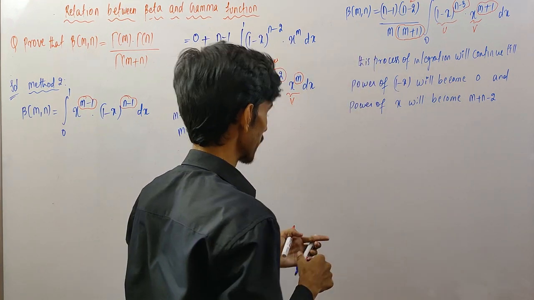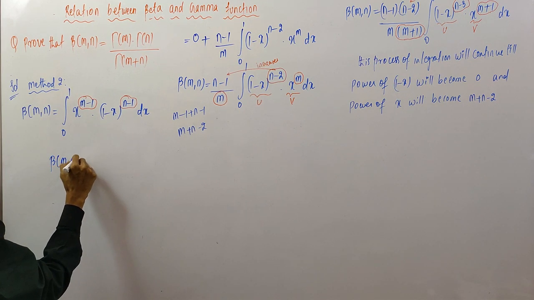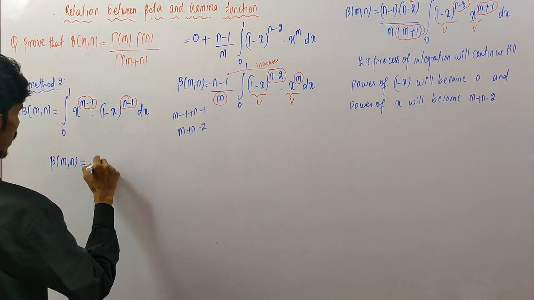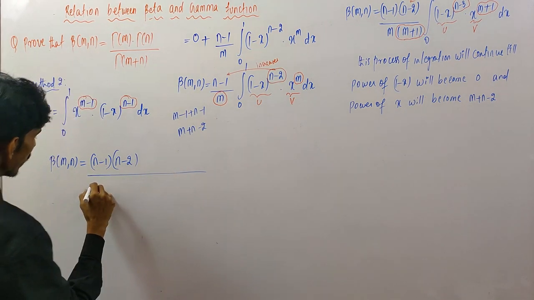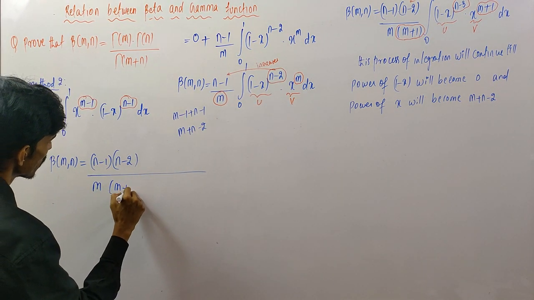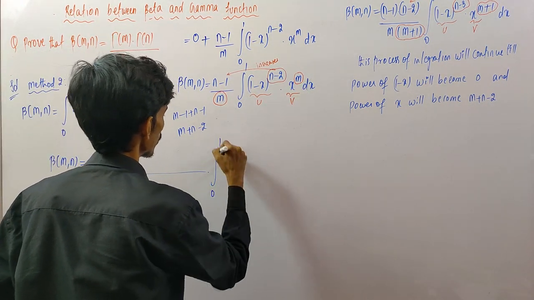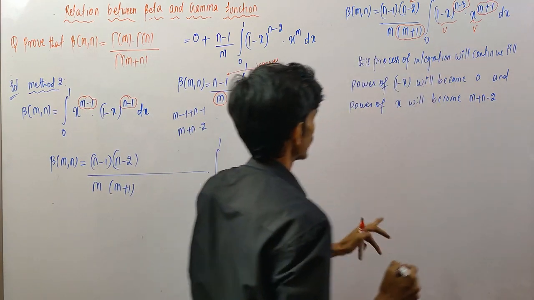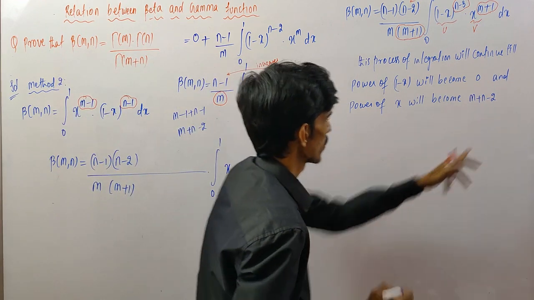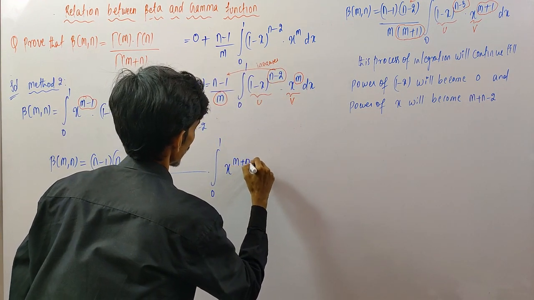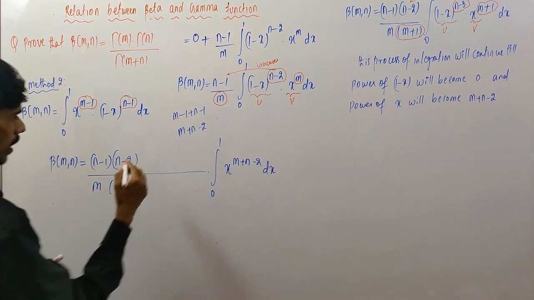Hence we can write down this beta. Let me write down here beta of m comma n is equal to n minus 1, n minus 2 divided by m into m plus 1. We have integration 0 to 1. This term will vanish and only we have x power of m plus n minus 2 dx, and all these powers will decrease like this.